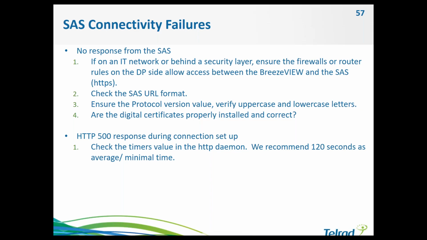Okay. In case of permanent connection problem, maybe it's because of the SAS URL or something. This happens when you set up the BridgeView the first time, only the first time. So the first time you need to put the URL, the certificates, the CPI ID, the user ID, and make a check connection as Valerio showed before.